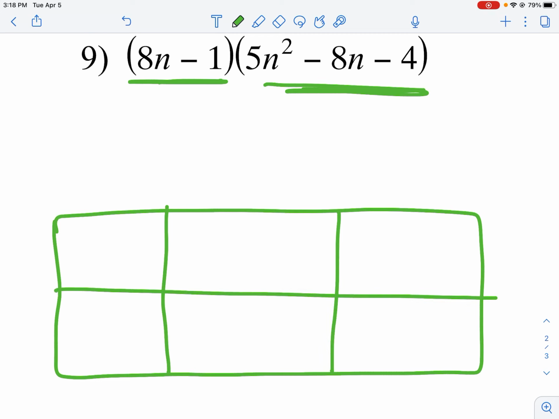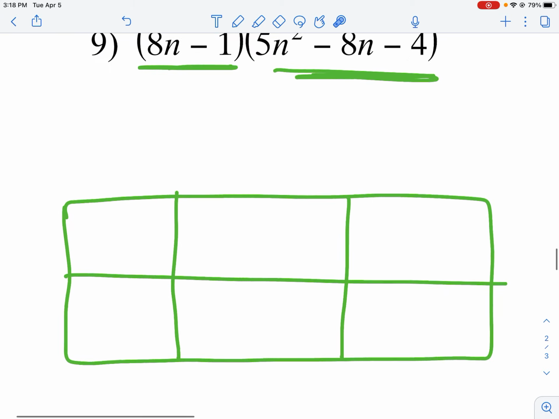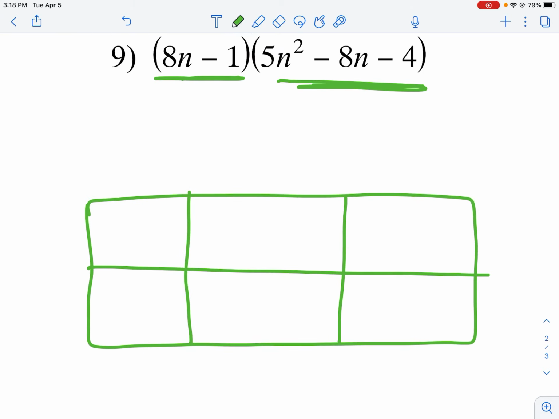And you want to cut it up such that you have 2 on this side, 3 on this side, and obviously I think you know which term is going to go where. So the 8n and the negative 1 will go down the left-hand side because that's where my 2 boxes are. And across the top, 5n squared, negative 8n, and minus 4.